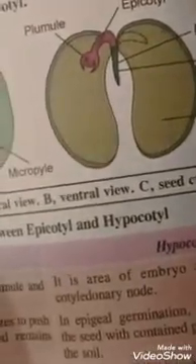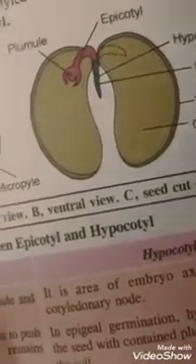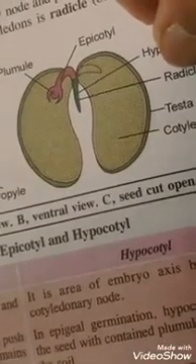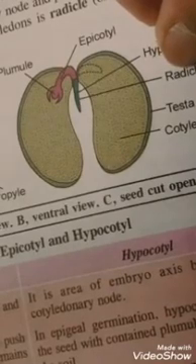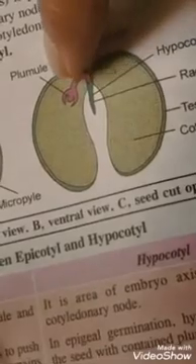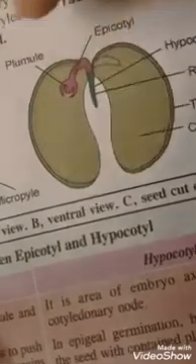You know, after germination, this radicle is developed into root system and the plumule is developed into shoot system.